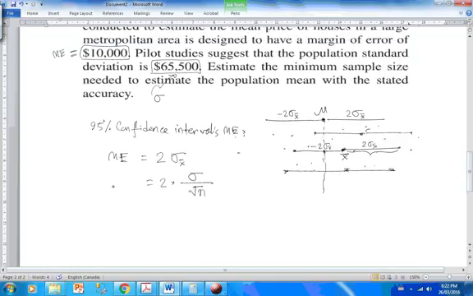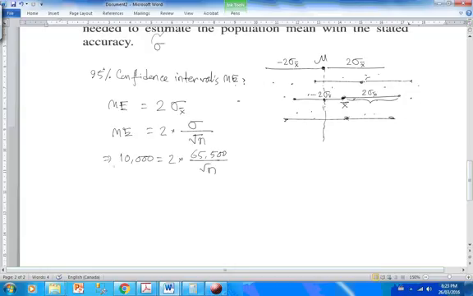So now in this equation I can plug in the margin of error to be 10,000 as given in the question. And I can also plug in the population sigma 65,500, and then solve for n, because in this equation there is only one unknown, which is n.